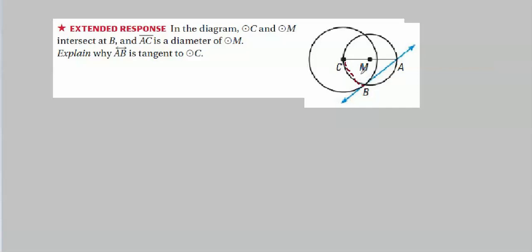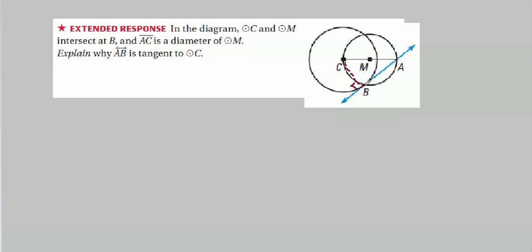If this radius is perpendicular to this line that seems to be touching the circle, then it's tangent. Not every line perpendicular to a radius is a tangent, but if it seems to be touching the circle, we can make sure that it's tangent by checking to see if it's perpendicular.